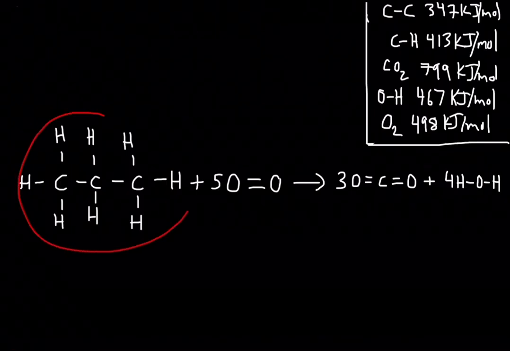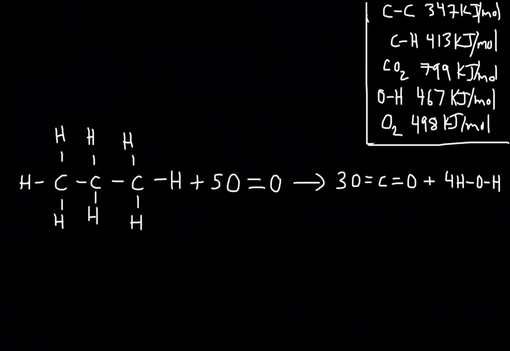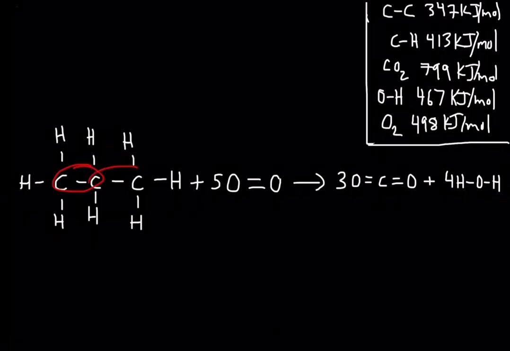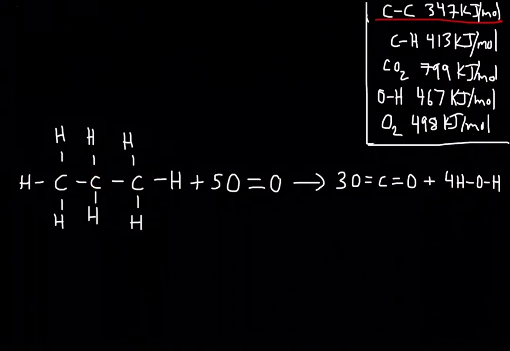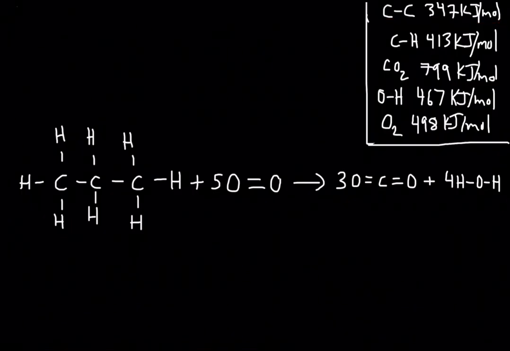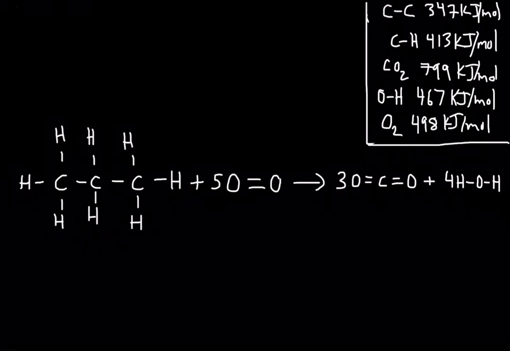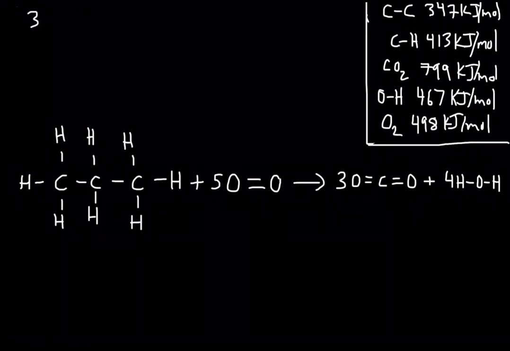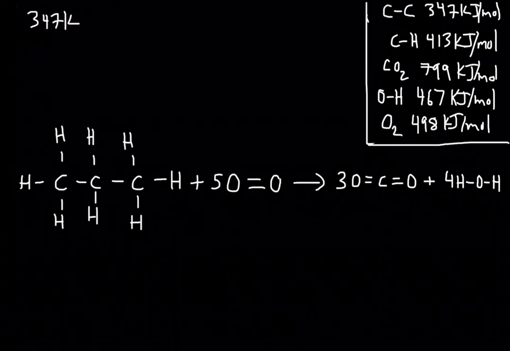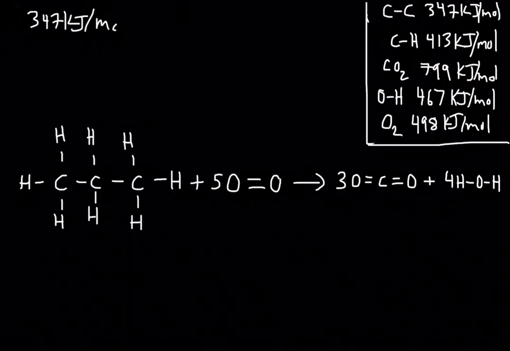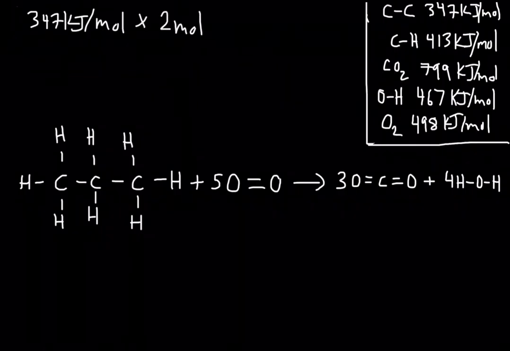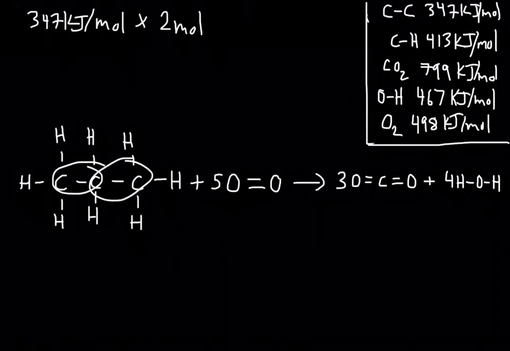So let's start with propane over here. We have a carbon bond here and then another carbon bond here. We're given the bond energy for carbon, which is 347 kilojoule per mole. And we have just 1 mole of propane here. So we have 347 kilojoule per mole times 2 mole, because we have this bond and this bond, so 2 bonds.